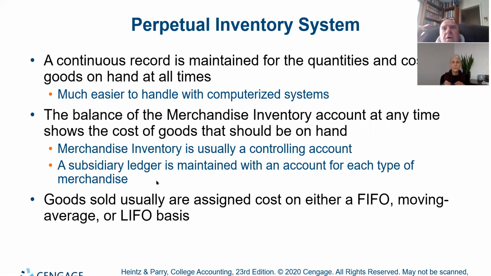So you might see Chanel bottle 5, and you'll see one T account just for that. And you'll see the pluses that came in and the minuses that went out, the debits and credits to that particular item. Goods sold usually are assigned cost on either a FIFO, moving average, or LIFO basis. I think that's accurate.